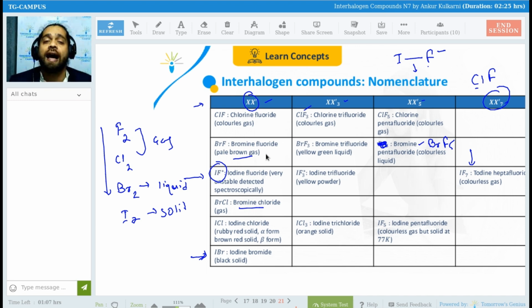That is the reason iodine bromide, both being of large size, is generally solid. While if I go with iodine and fluorine, now there is a size difference. Both are not comparable. Fluorine is very small.